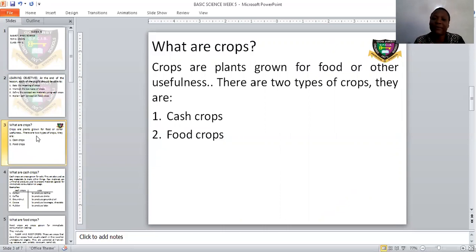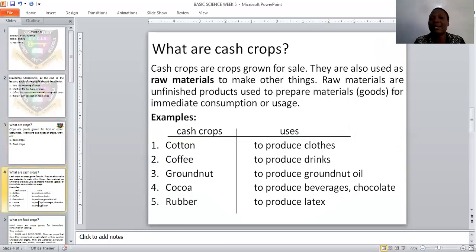Now, let's take them one after the other. The first one we are looking at is cash crops. What are cash crops? Cash crops are crops grown for sale.